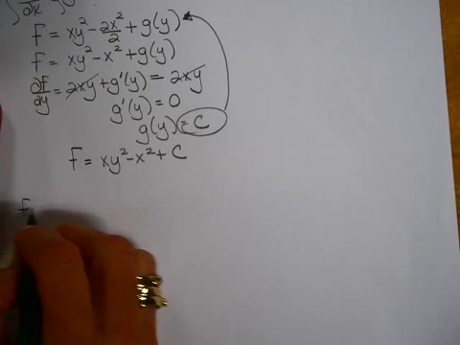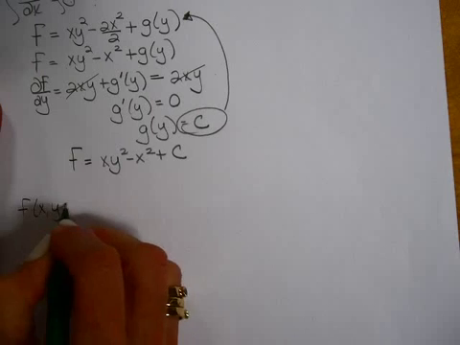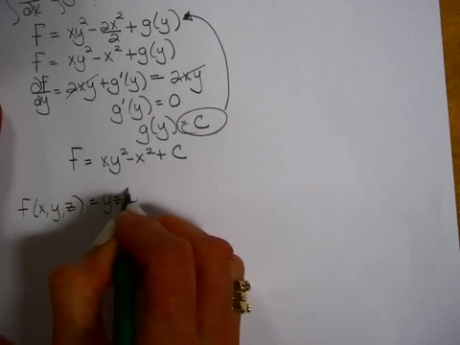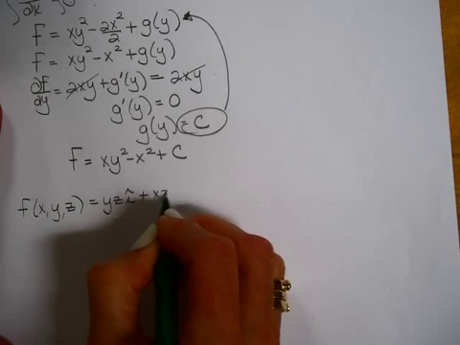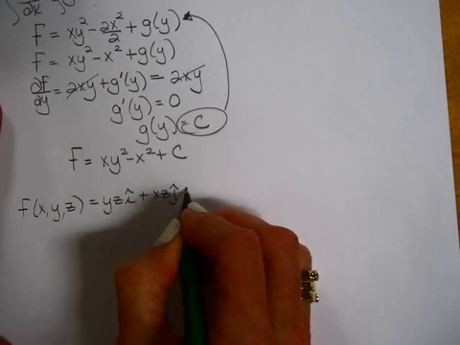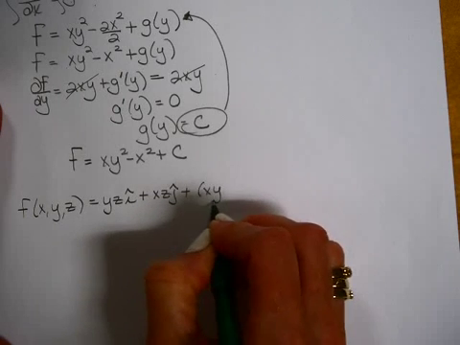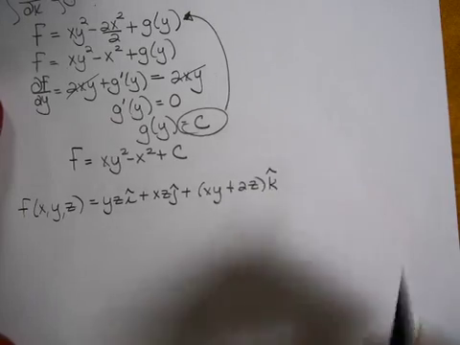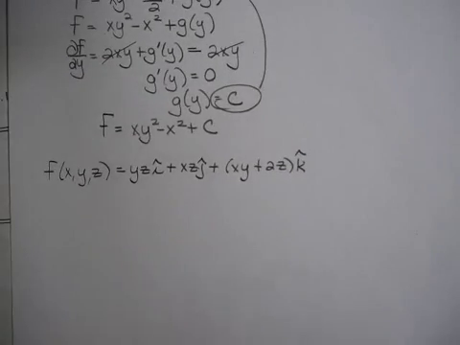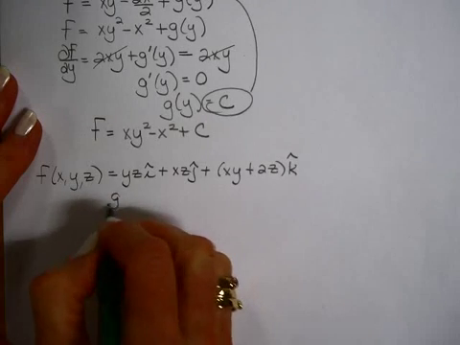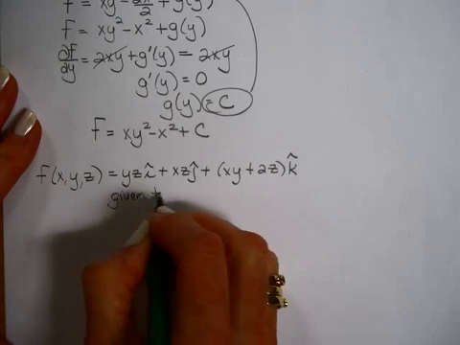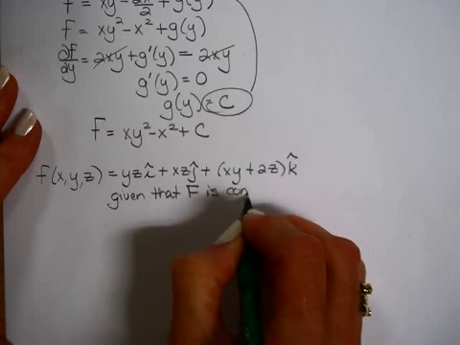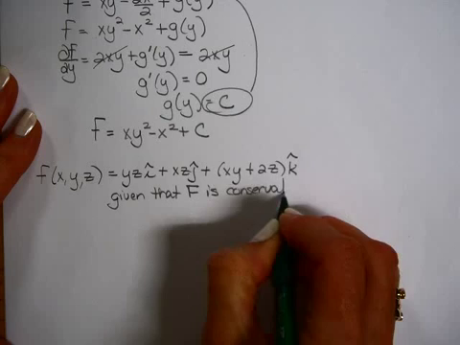Let's say you've got a function f of x, y, z, and it's equal to yz i plus xz j plus xy plus 2z k. It is given on this problem that f is conservative. We don't have to show that.